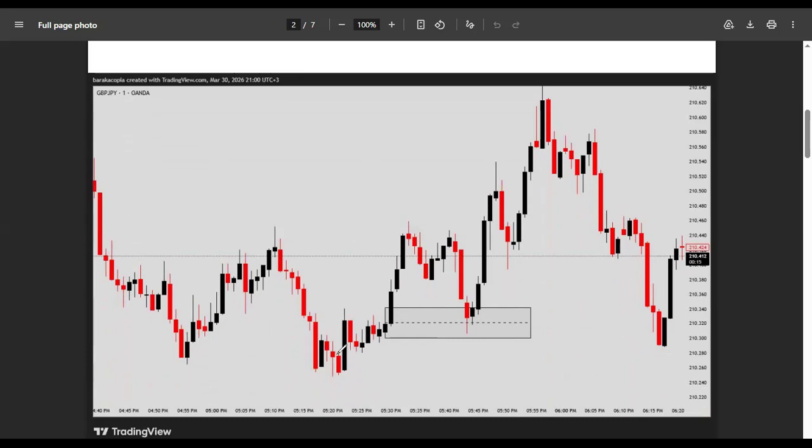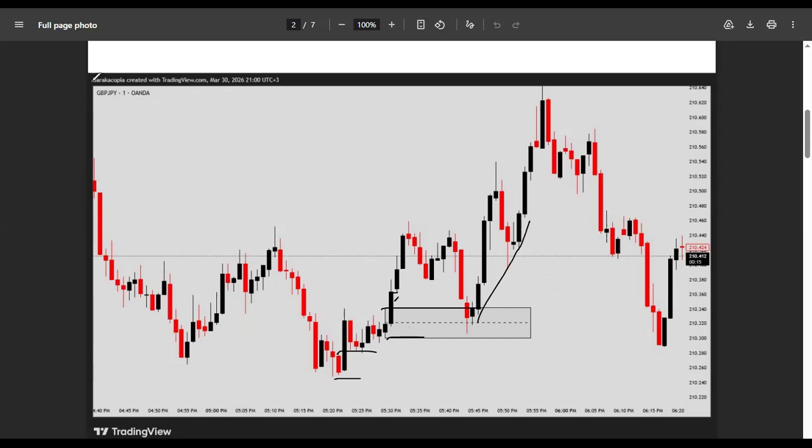Look at this. This order block was already tested, and we had another one. So look at this one. This is the last candle which produces this gap here. That's an order block, and we see price making the move from there, right?